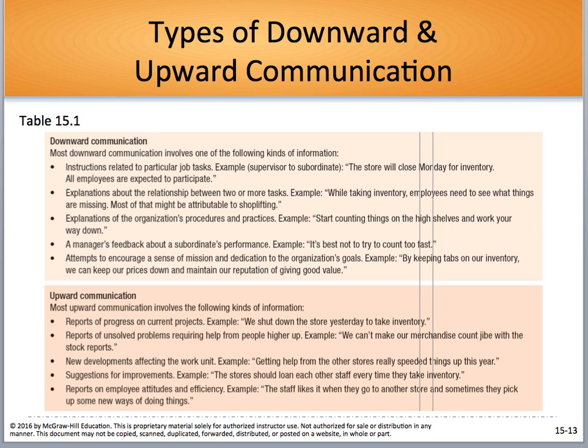This is the kind of information where you have most downward communication, right? Also, feedback about a team member's performance. That is downward communication. Upward communication is when you're reporting on the progress of a project that you're working on, or suggestions for improvements within the company, or a process within a company or organization.